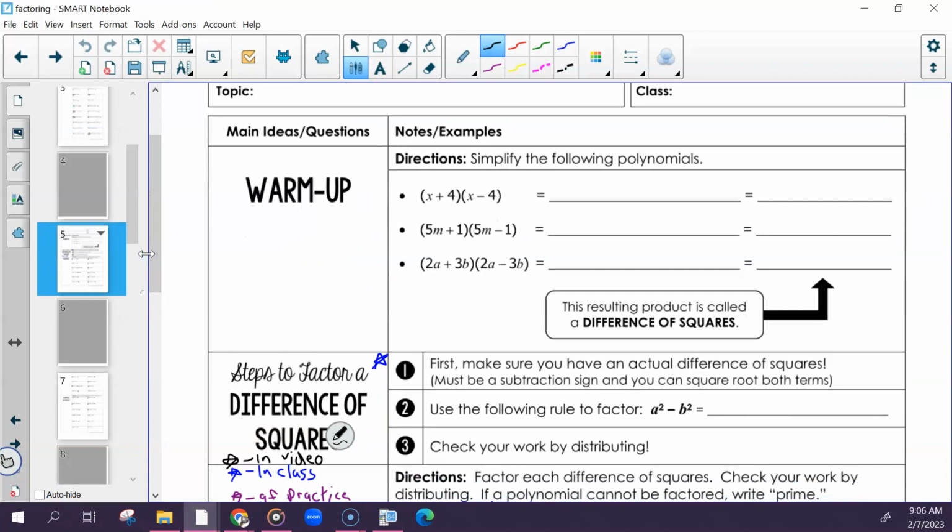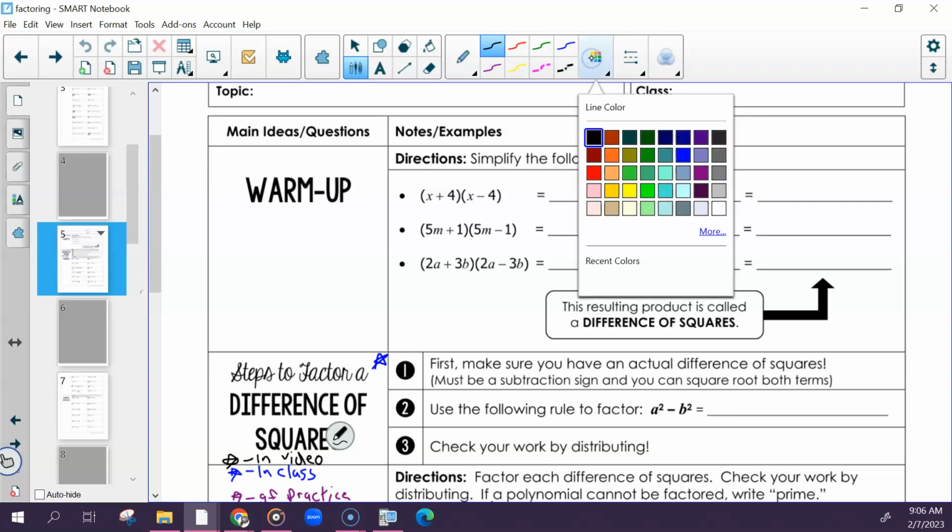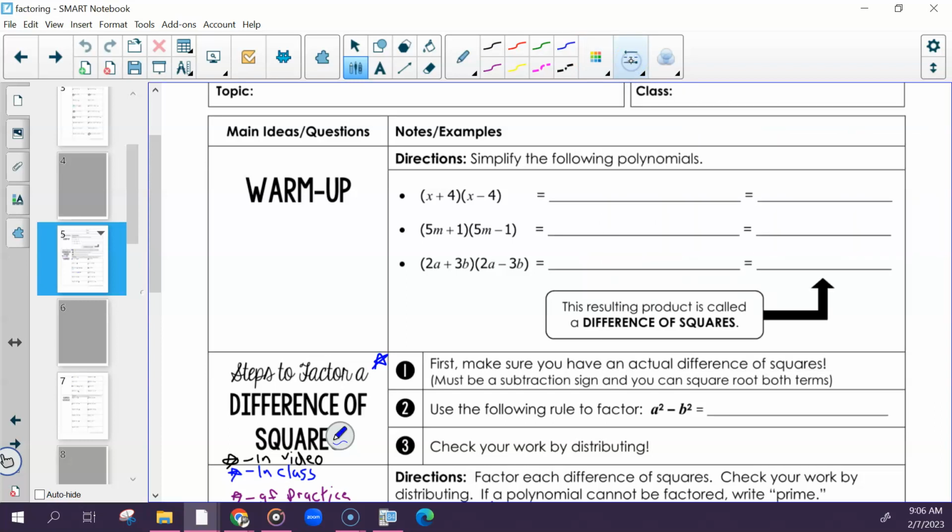So let's do these 3 warm-up problems just to kind of show you what we're going to be doing. They gave us 2 sets of factors. They want us to multiply these out. And remember, we're using FOIL or distributing.